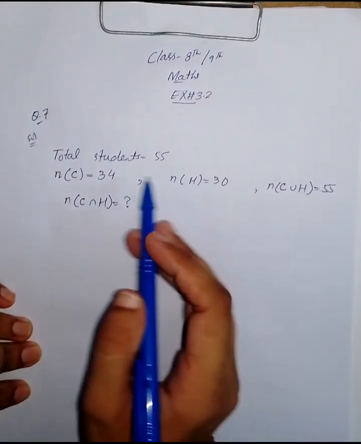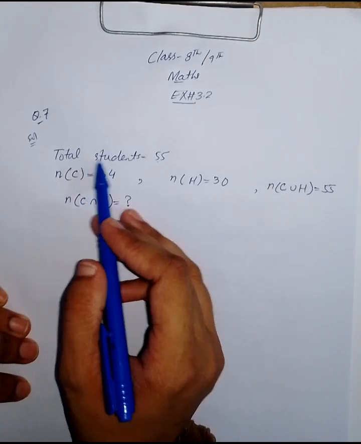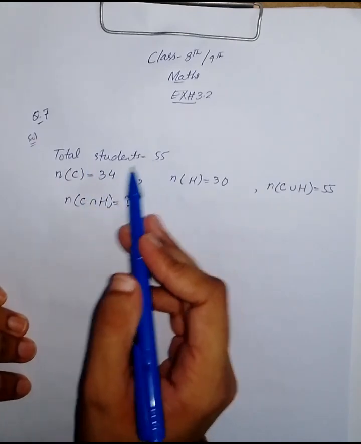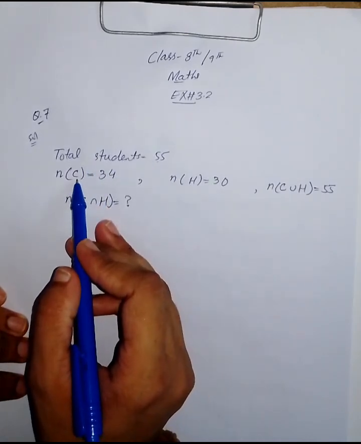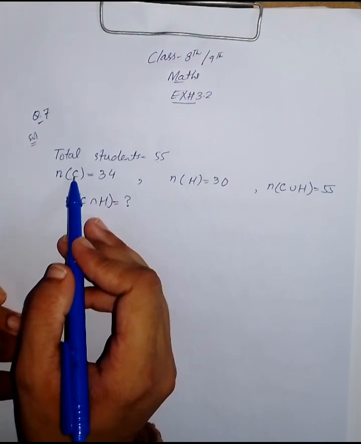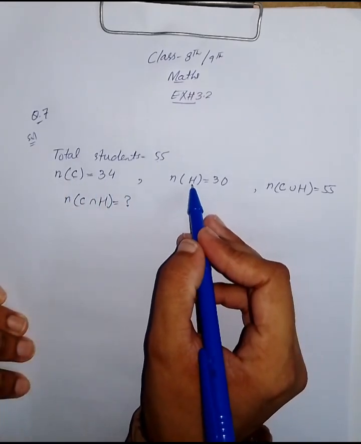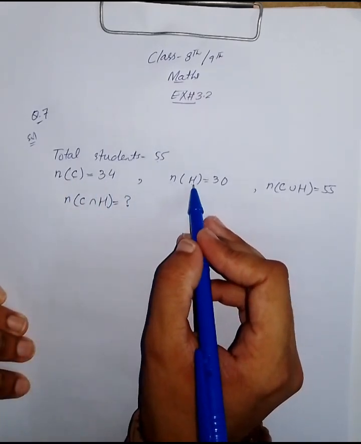We have written the given data of question number 7: the total number of students is 55, and the number of students who like to play cricket is 34. N of C represents the cardinality of students who like to play cricket, and N of H represents the number of students who like to play hockey.